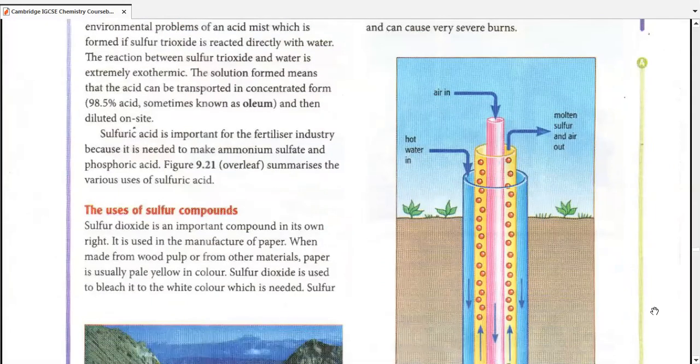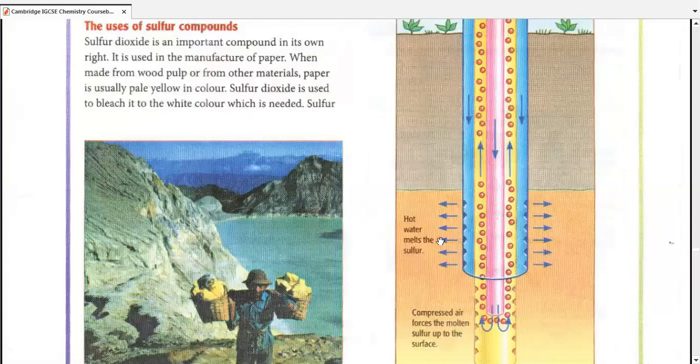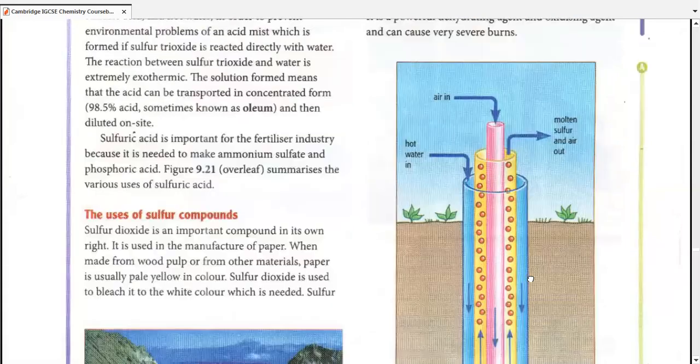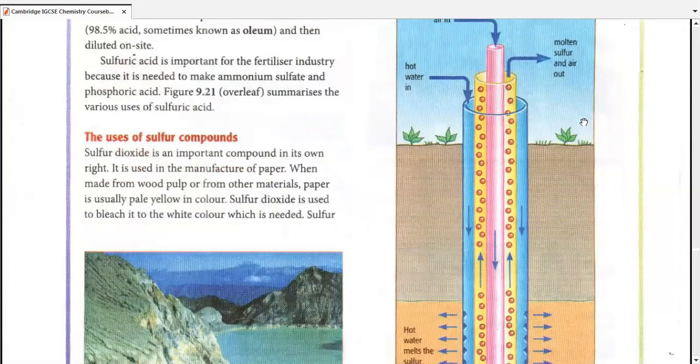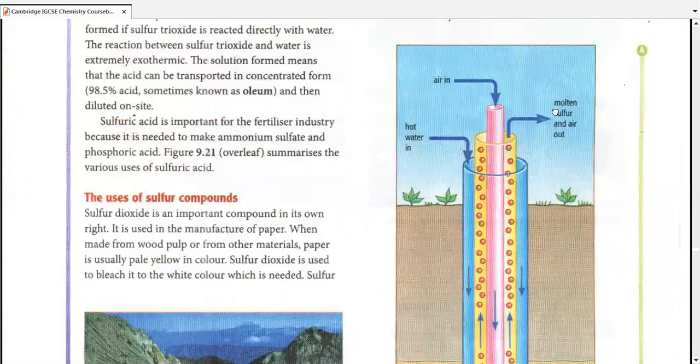Now you can see the diagram in front of you. You would see that we have multiple cylinders or multiple holes dug into the ground in which we have different pipes of different sizes. The outermost pipe is of blue color, and you would see hot water going in from one side all the way, melting the sulfur and going as a part of water bed, sulfur bed.